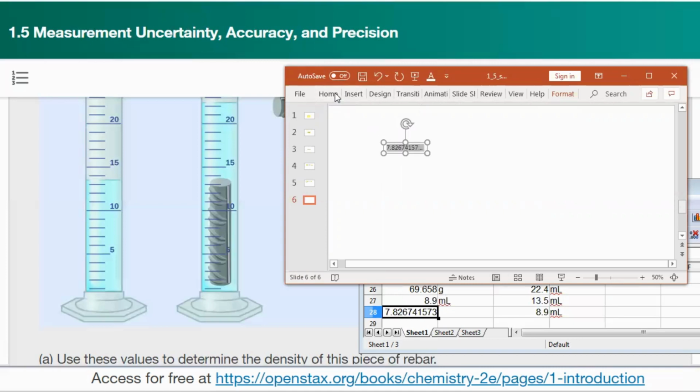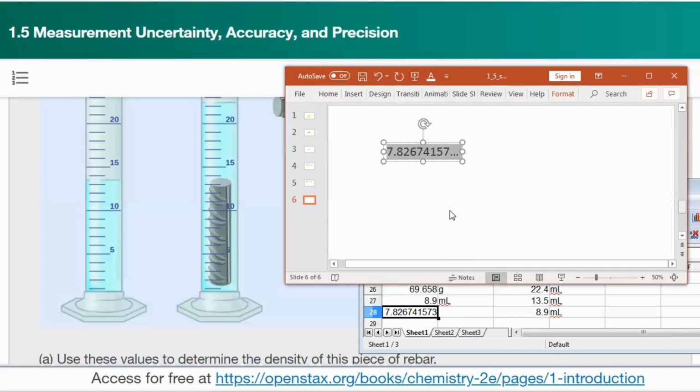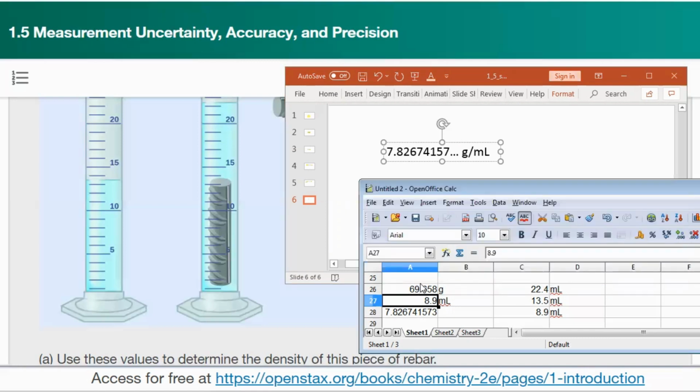I'm not going to type everything out, partly in the interest of time. And the units are grams per milliliter, density. And we're only supposed to report 2 significant figures, because the number with the smallest number of significant figures is in the denominator, and that's 2 significant figures. So the answer should reflect that.